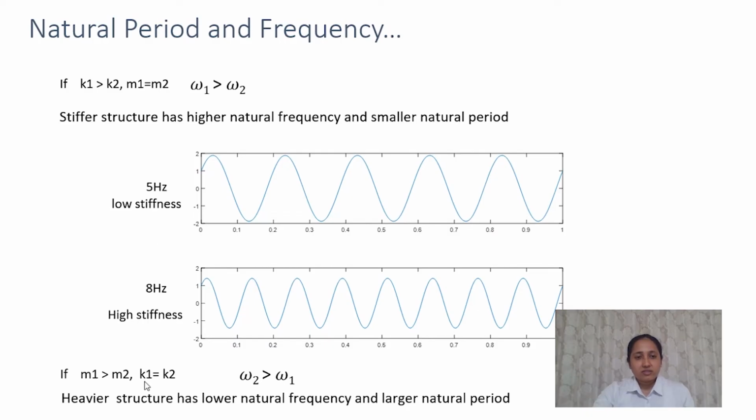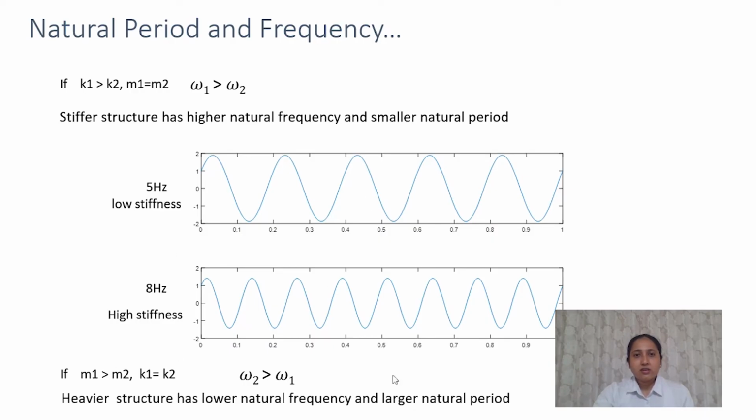Similarly, the heavier structure will have lower natural frequency and larger natural period. If we have two structures whose stiffnesses are the same and one is heavier than the other, the heavier one will be more flexible and will have lower natural frequency.